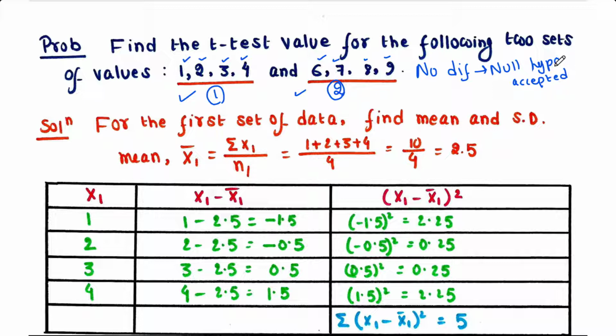And if there is a significant difference between these two data sets, null hypothesis should be rejected. So if difference is there, null hypothesis should be rejected and alternative hypothesis should be accepted.